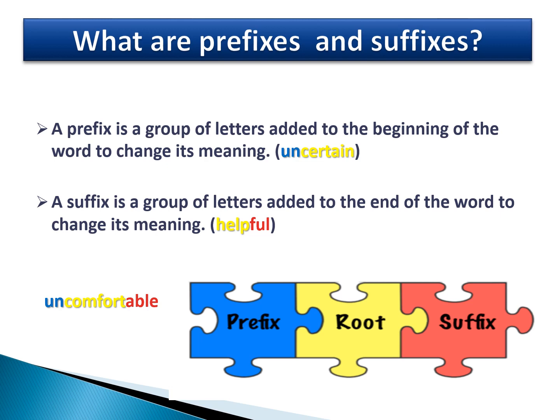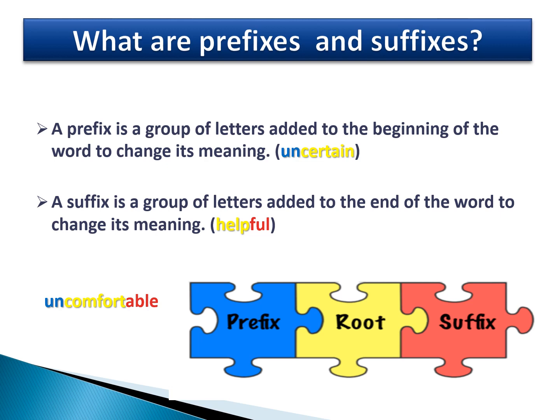What are prefixes and suffixes? A prefix is a group of letters added to the beginning of the word to change its meaning, like un in uncertain. While a suffix is a group of letters added to the end of the word to change its meaning, like full in helpful.